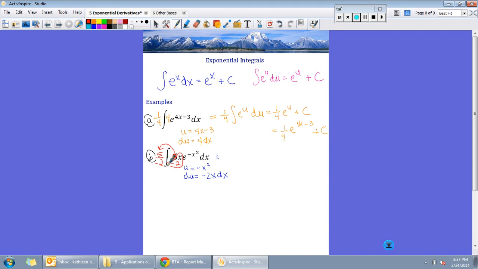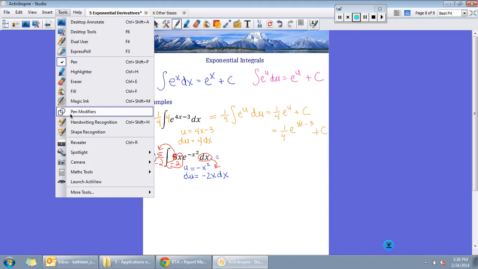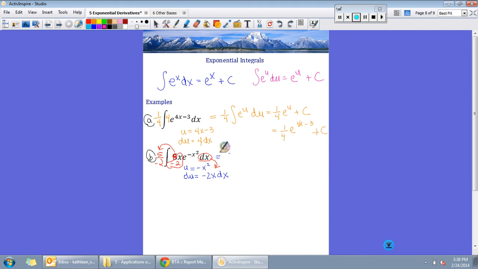This -2 and x and this dx are all going to be from your du. So what we're going to write is -5/2 integral of e to the u du, and then the antiderivative is very easy. -5/2 e to the u plus c. The final step is plugging in what u is.